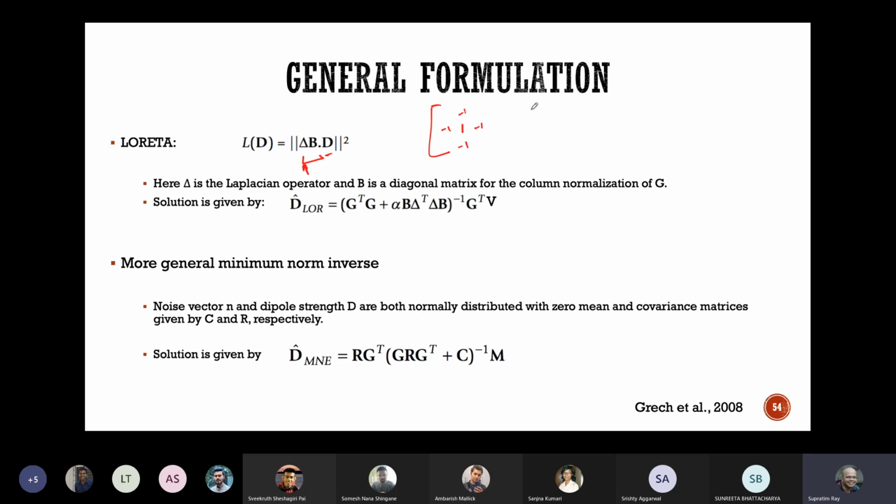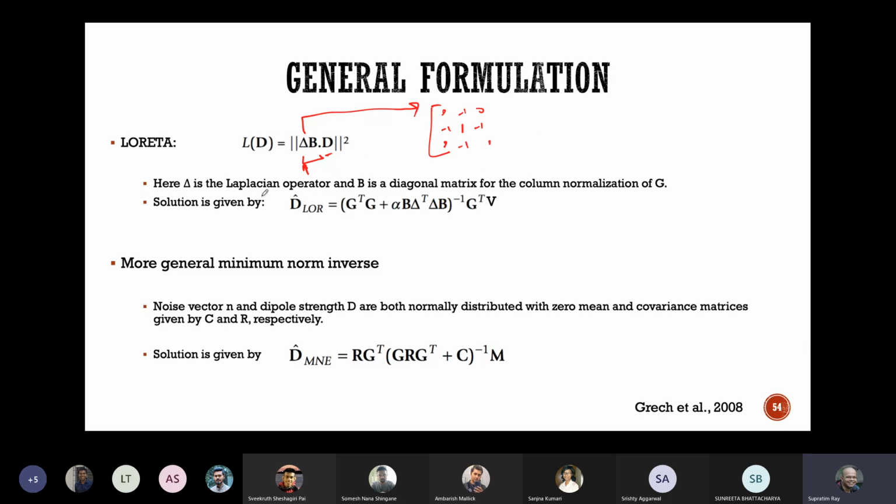This thing will, in a matrix form, do this sort of computation where you subtract off the neighbors. So you could make an operator as a matrix, and this will be for all the different locations.